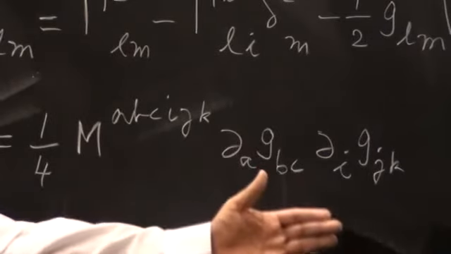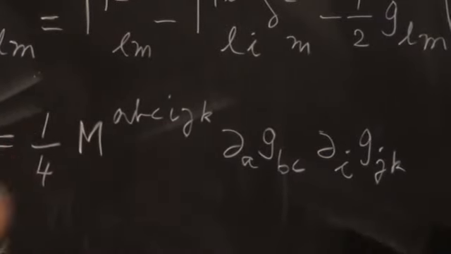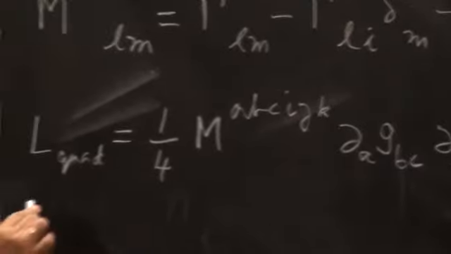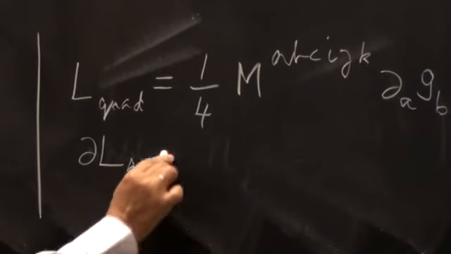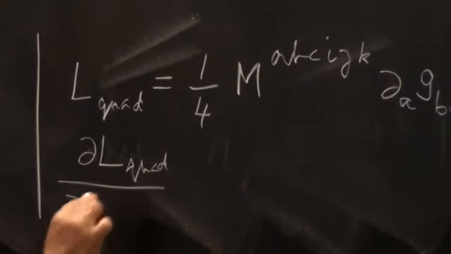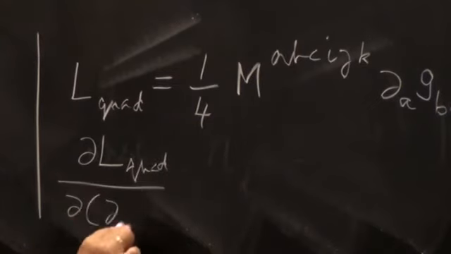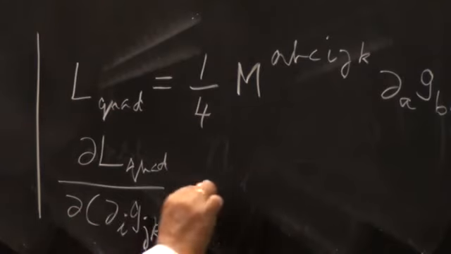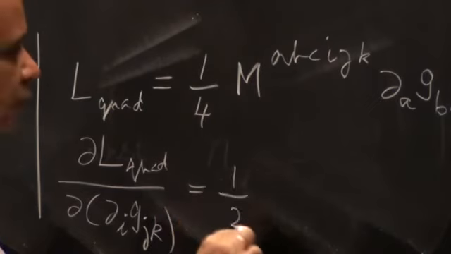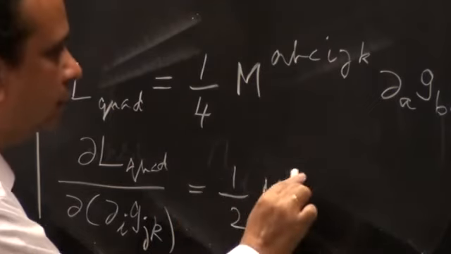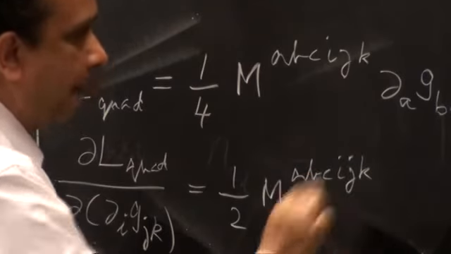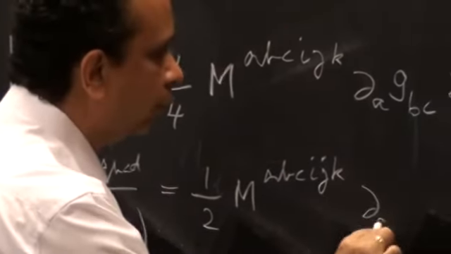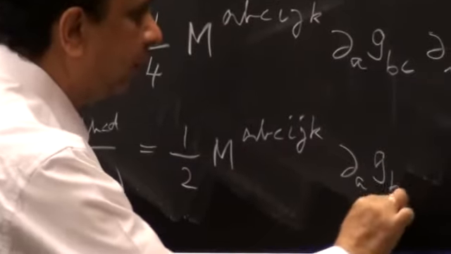So this is the structure which you have for L quadratic, which means that your canonical momentum which you would have thought of, dL squared with respect to d of, let us say, di gjk, will just turn out to be something like half m abc ijk dA of gbc.